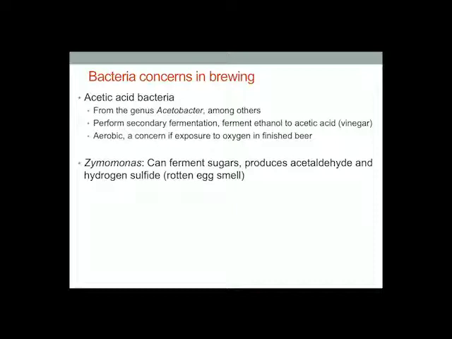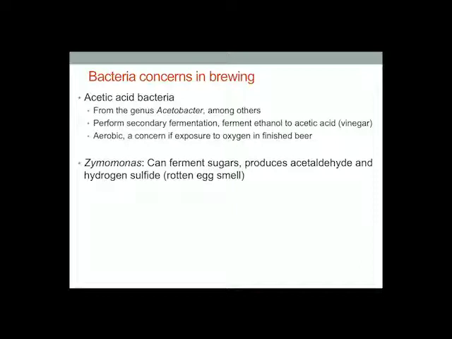They can ferment ethanol, so they use ethanol as basically a food source, and by fermenting it, they produce acetic acid. Acetic acid is what vinegar is. And so if you have too much oxygen in your beer and you happen to have acetic acid bacteria in it, they can proliferate and turn the beer sour with a vinegar taste.